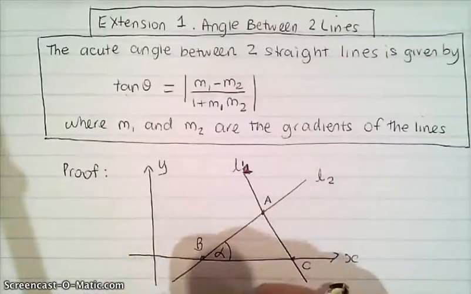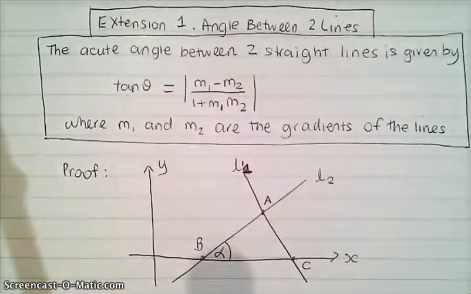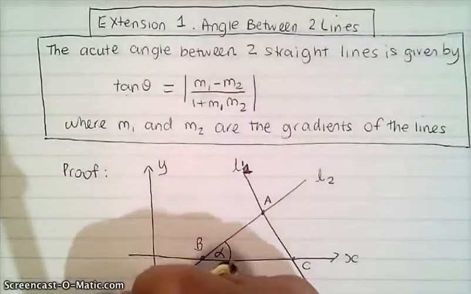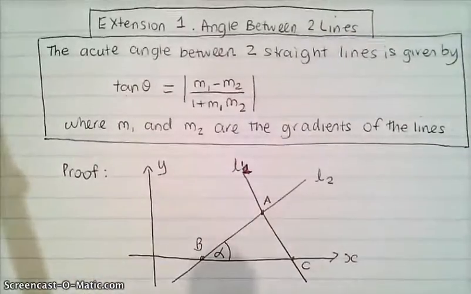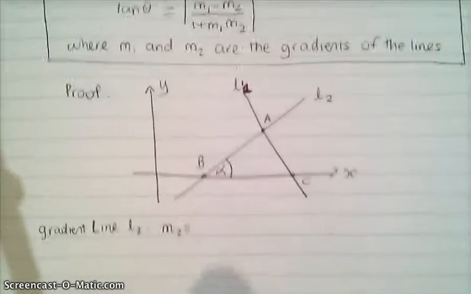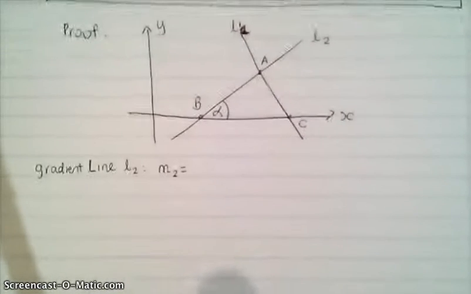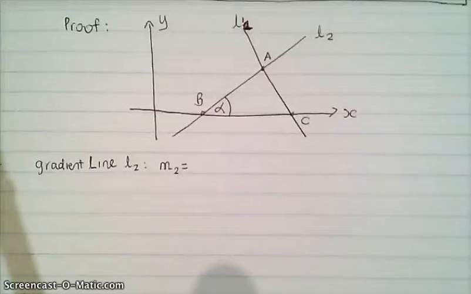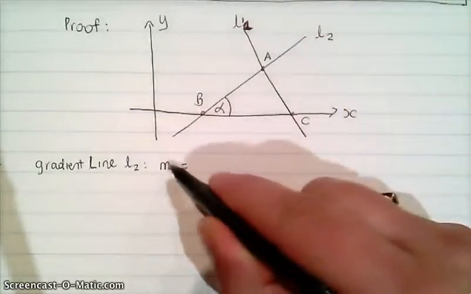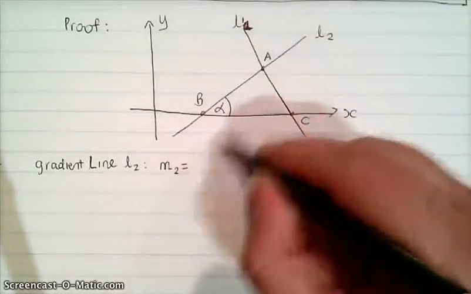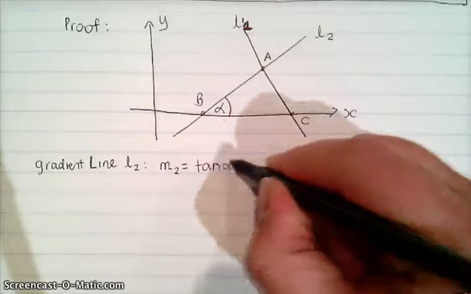So I've got the gradient of line L2, which I'm going to call m2, in other words, gradient of line 2, m2 is tan alpha.